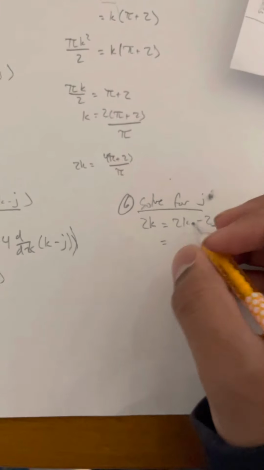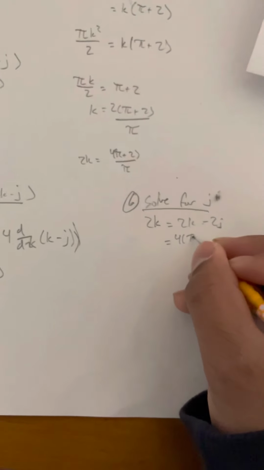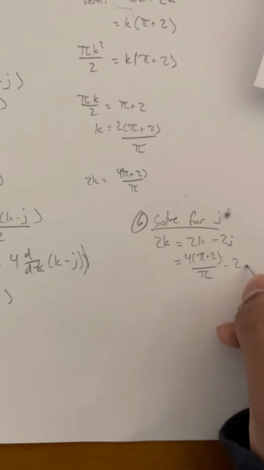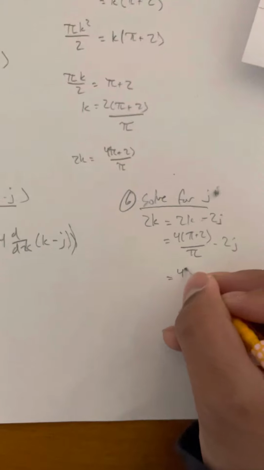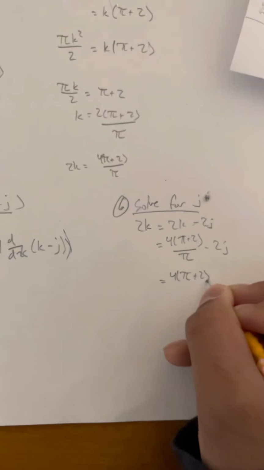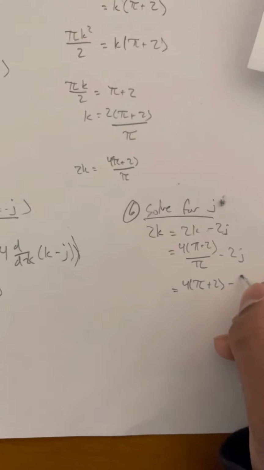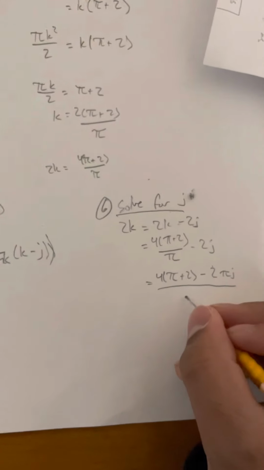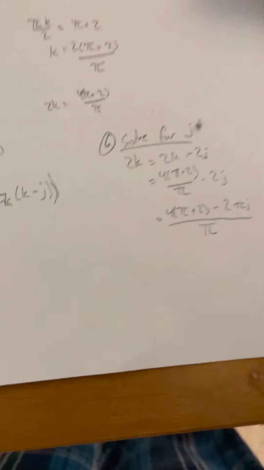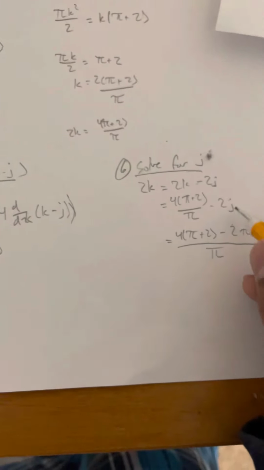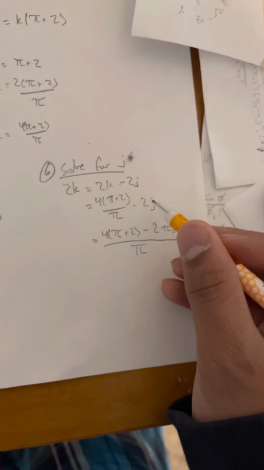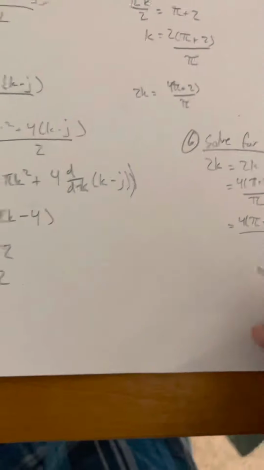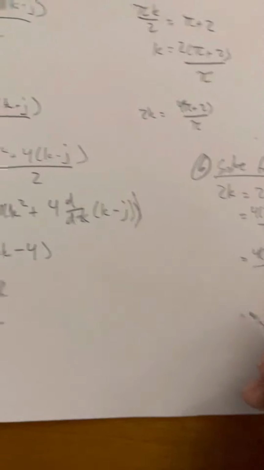Which equals 4 pi plus 2 over pi minus 2j. Get them in the same fraction, so 4 pi plus 2 over pi minus 2 pi j over pi, because you have to multiply 2 times j by the fraction pi over pi to get them into the same fraction.